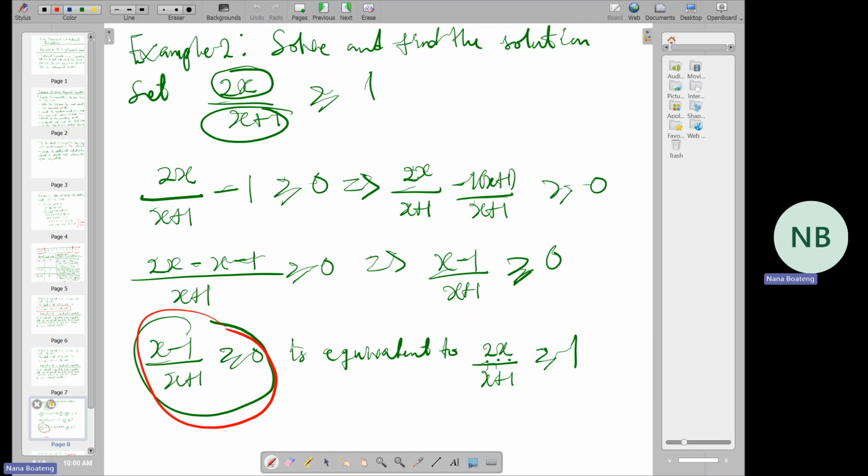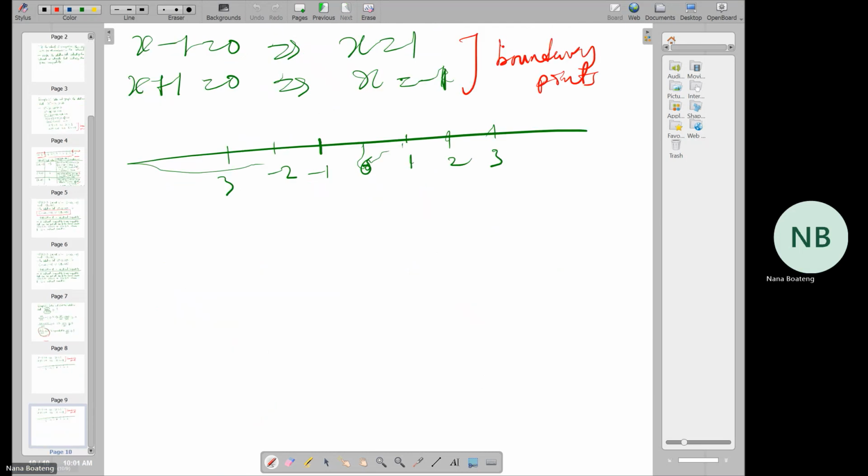So our current example, let's go back to it. All right, so these are our boundary points. So we're going to pick test points. We can pick a test point between -1 and +1, such as 0.